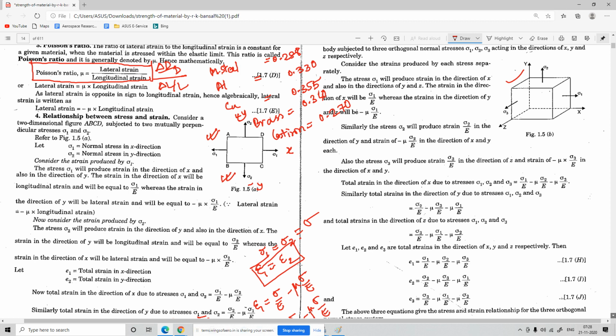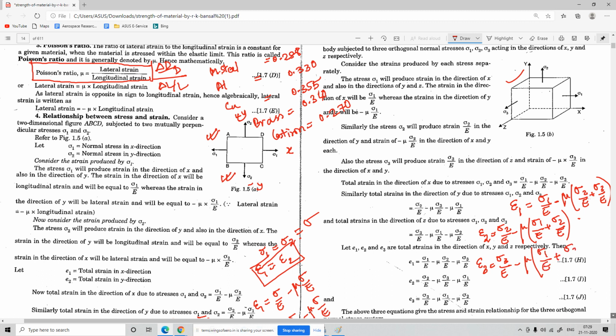When you are considering epsilon 1, it is sigma 1 by E, and the others will be negative: minus mu times sigma 2 by E plus sigma 3 by E. For epsilon 2, it is sigma 2 by E minus mu times sigma 1 by E plus sigma 3 by E. When finding epsilon 3, it is sigma 3 by E minus mu times sigma 1 by E plus sigma 2 by E.